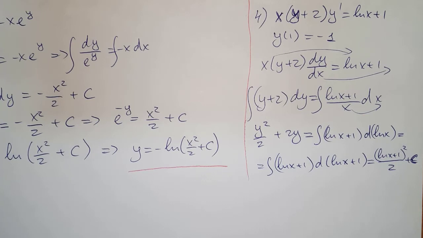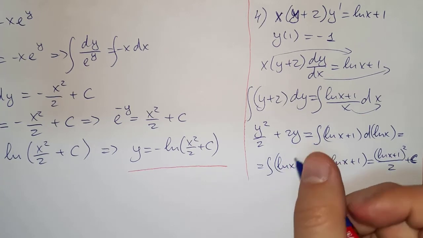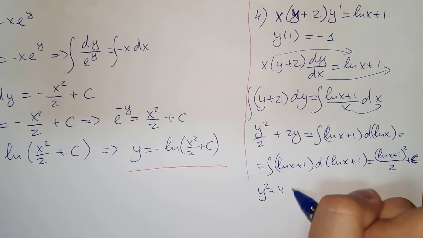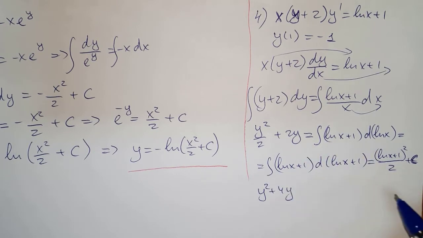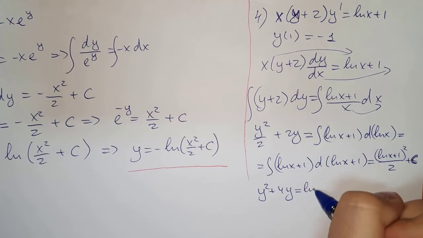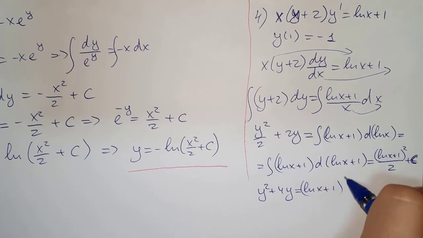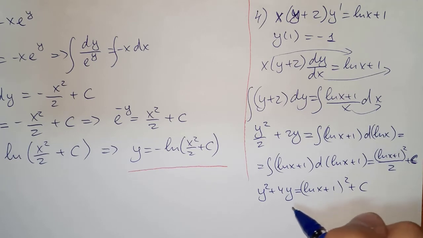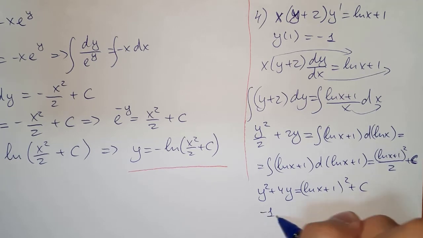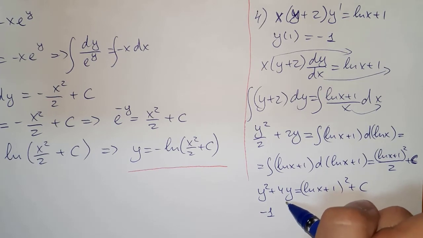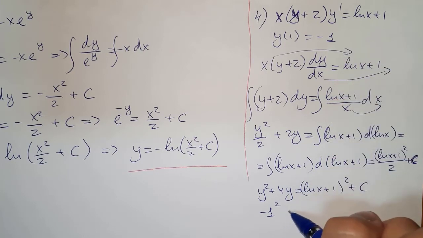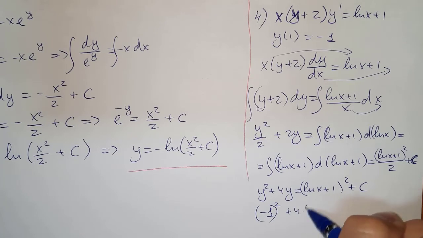So firstly let's simplify it. It will be y squared plus, multiplied by 2, 4y, and it equals natural logarithm of x plus 1 squared plus c. Okay, now put these values: minus 1 squared, because y is minus 1, plus 4 times minus 1.